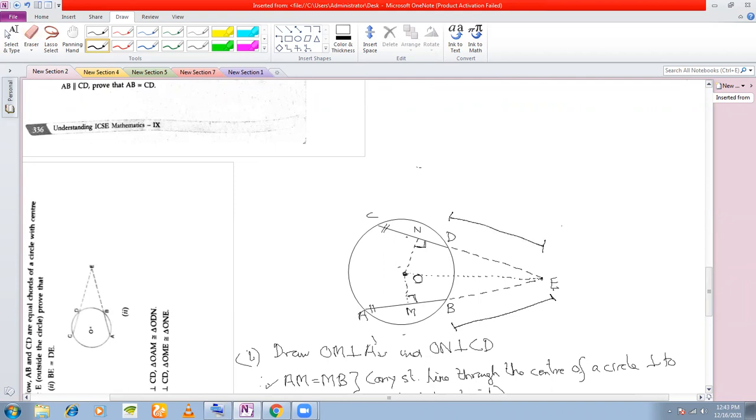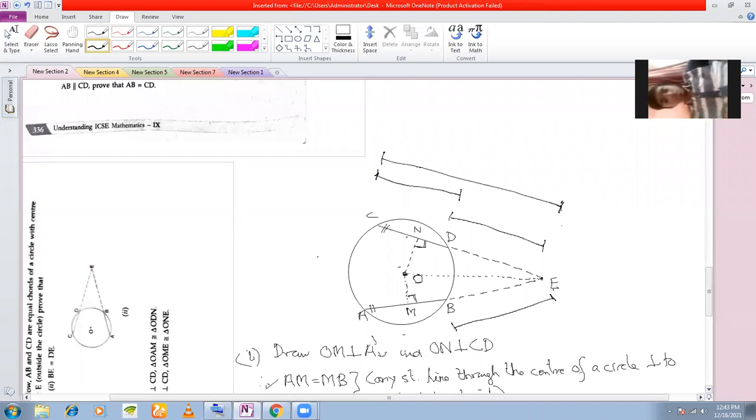So I start with AE equal to CE. Now from this entire length CE, if you subtract the length of the chord CD, will you get the length of the chord DE? Yes, you are going to get it, right?